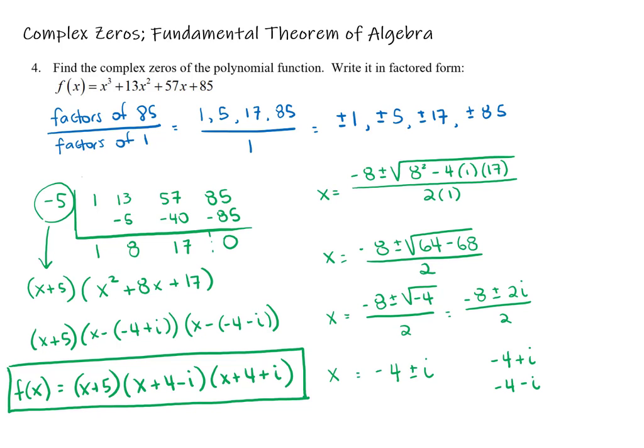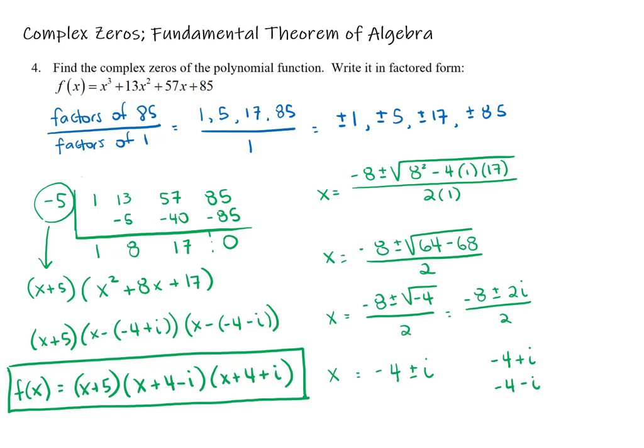Dividing your polynomial by that real zero that you found so that you come up with a reduced polynomial, and then using previously learned formulas like the quadratic formula to factor that new polynomial so that you can get your complex roots as well.